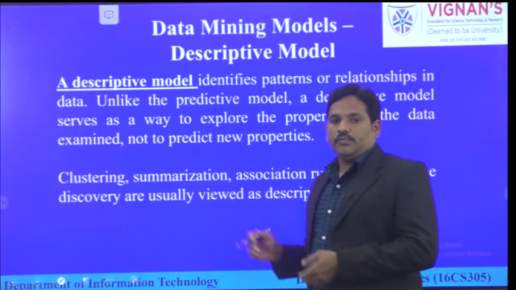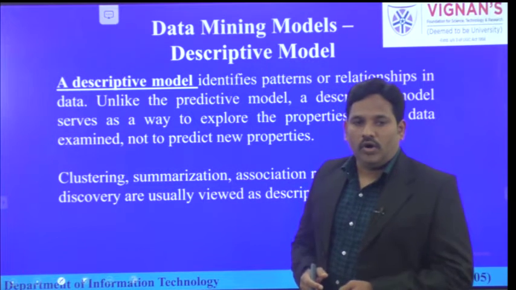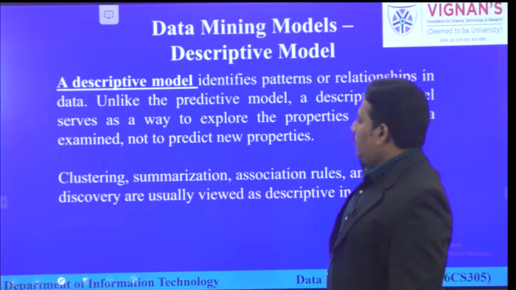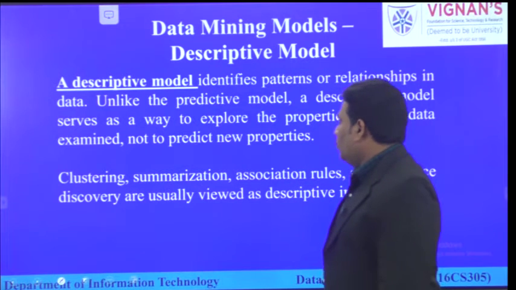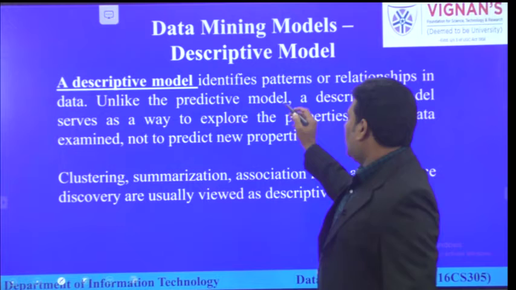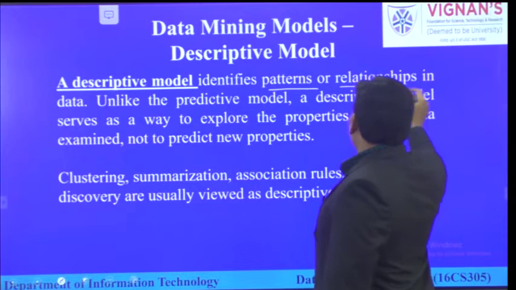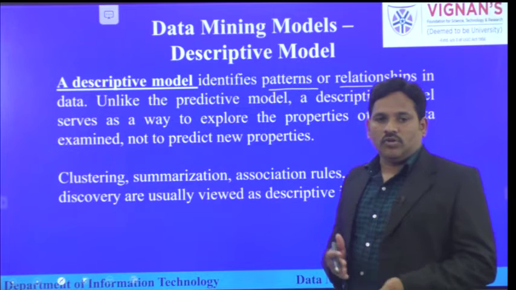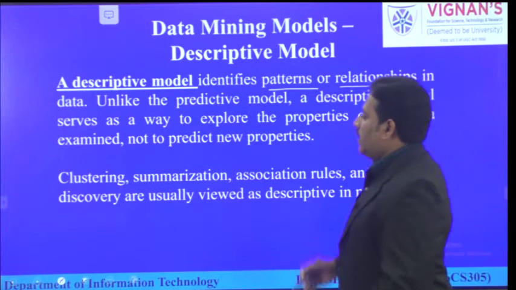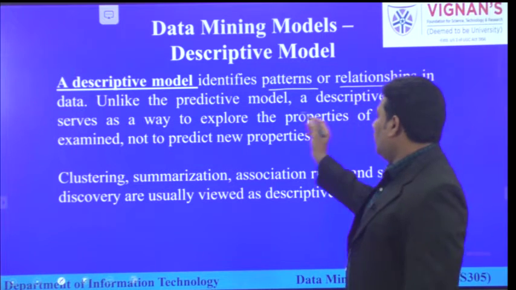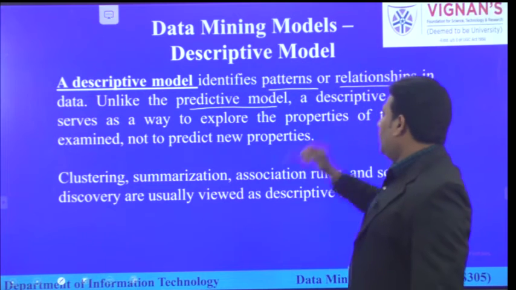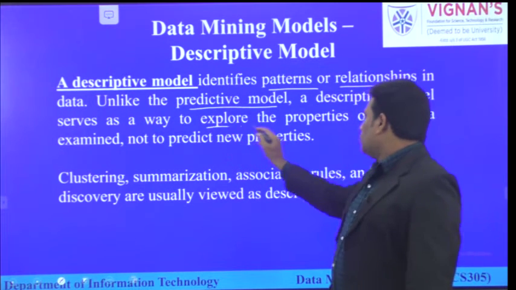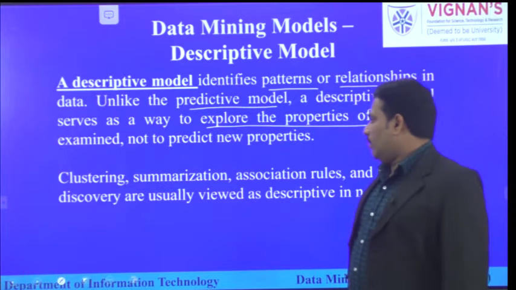The other type of data mining model is descriptive modeling. Here we are not going to predict anything; we want to summarize. A descriptive model identifies patterns or relationships in the data. That means what are the existing relationships among the data elements and what are the hidden patterns of the data. Unlike the predictive model, the descriptive model serves as a way to explore the properties of the data examined.